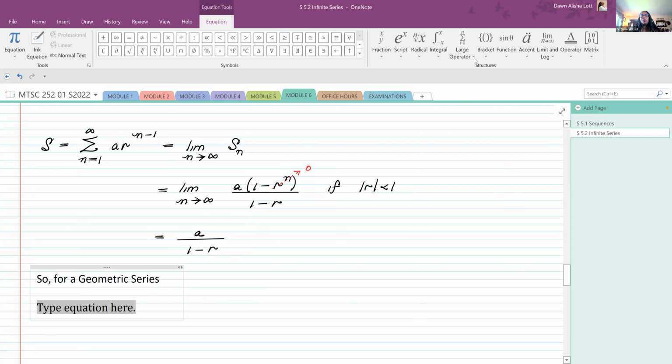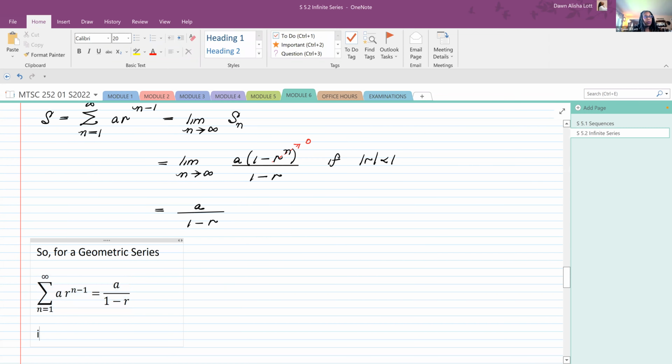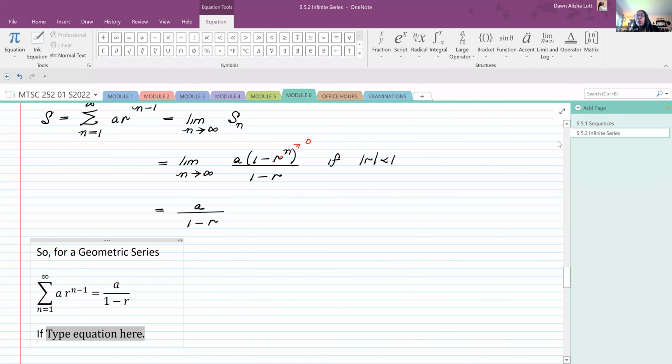The sum from N equals 1 to infinity of A times R to the N minus 1 is going to equal A divided by 1 minus R. That should be A over 1 minus R. If, and this is only if, the absolute value of R is strictly less than 1.